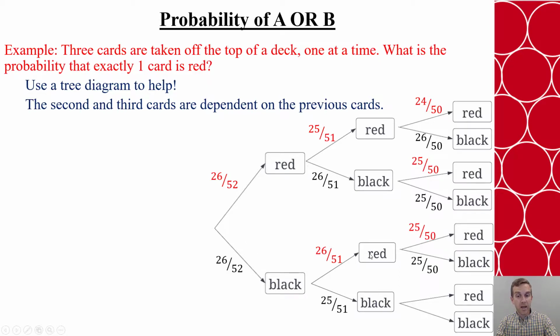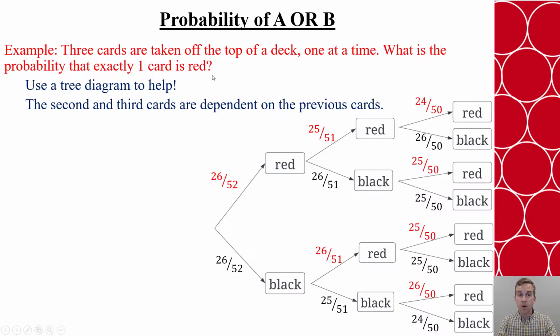And if I go black, red, black, I've got 25 out of 50. Now if I go black, black, red, I haven't chosen any reds yet, so there's 26 left out of the 50. But if I go black, black, black, I've already taken out 2 blacks, so there's only 24 left out of the 50 cards.